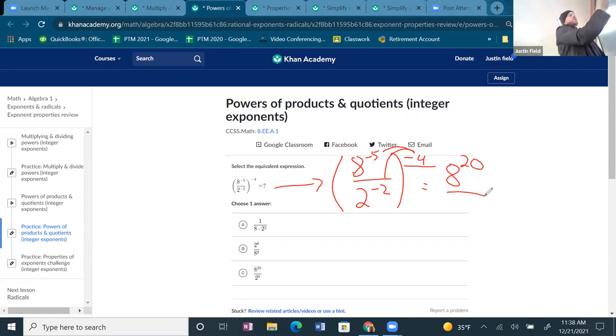And negative 4 times negative 2 is positive 8. And the objective here is not to actually do 8 times 8 times 8 all the way, but just to leave it like that. Because if you tried to multiply 8 20 times, you'd find it's a number too large to put in a multiple choice.